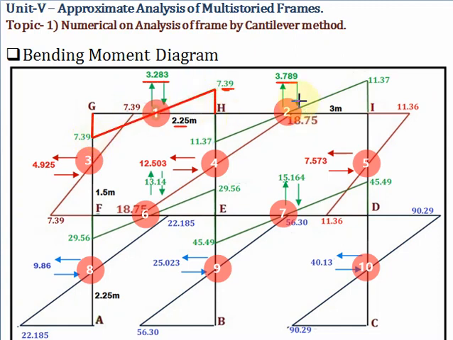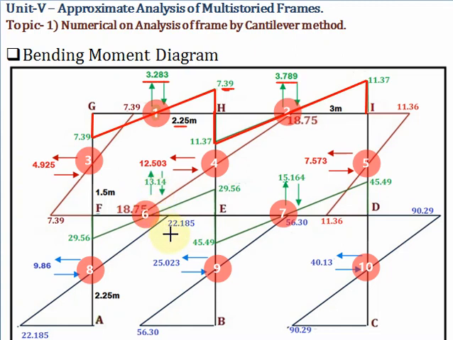Then here, 3.789 into 3 gives the value 11.37. Join this by a straight line like this. Now for node 6, what is the vertical force? V6. What is the value of V6? 13.14.